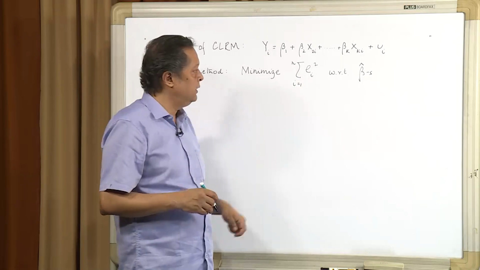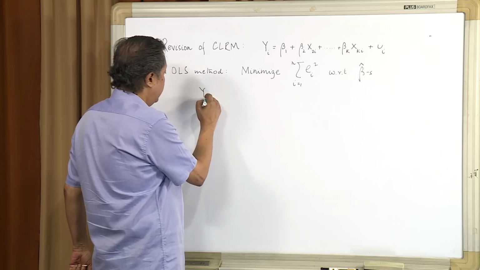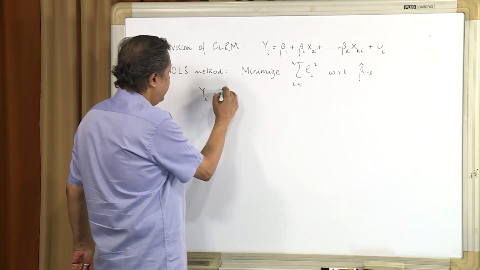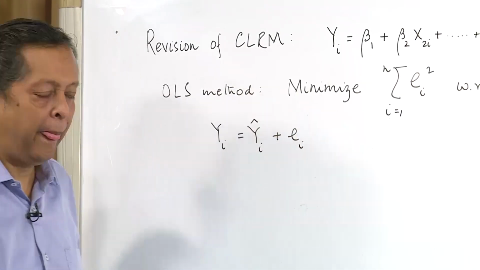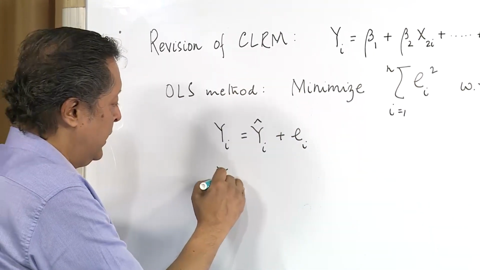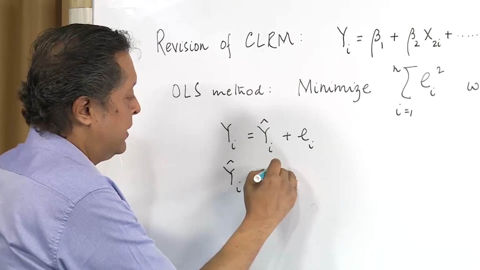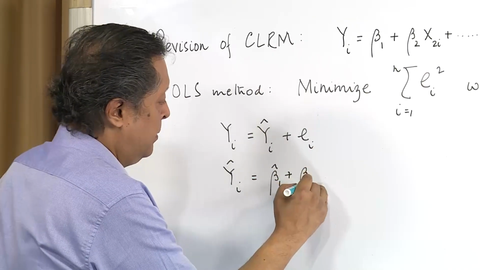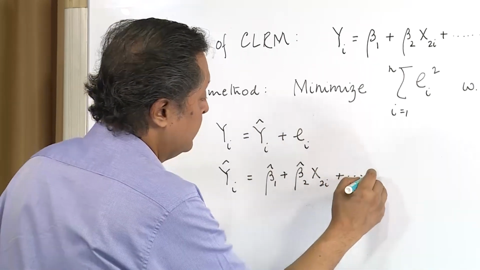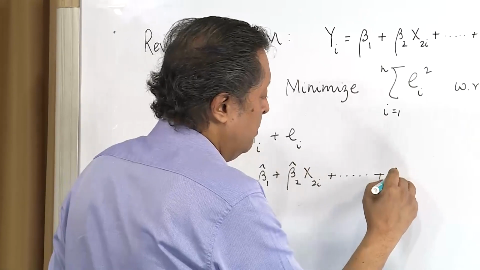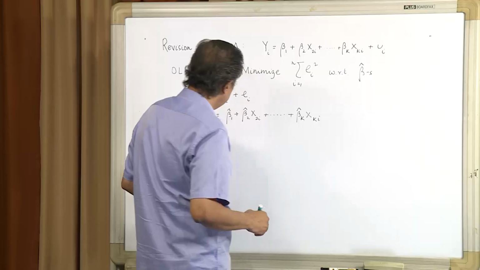So, what is ei? ei is the error of estimation. So, yi is estimated yi plus ei, and estimated yi is beta 1 hat plus beta 2 hat x2i plus ... beta k hat xki.